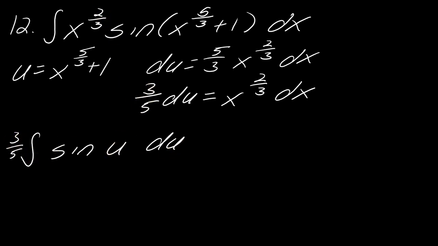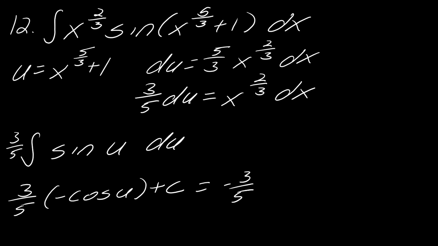So this is all I have to integrate then. This becomes 3/5 times negative cosine of u plus c. So my final answer then will be negative 3/5 cosine of x to the 5/3 plus 1 plus c. And so there you go.